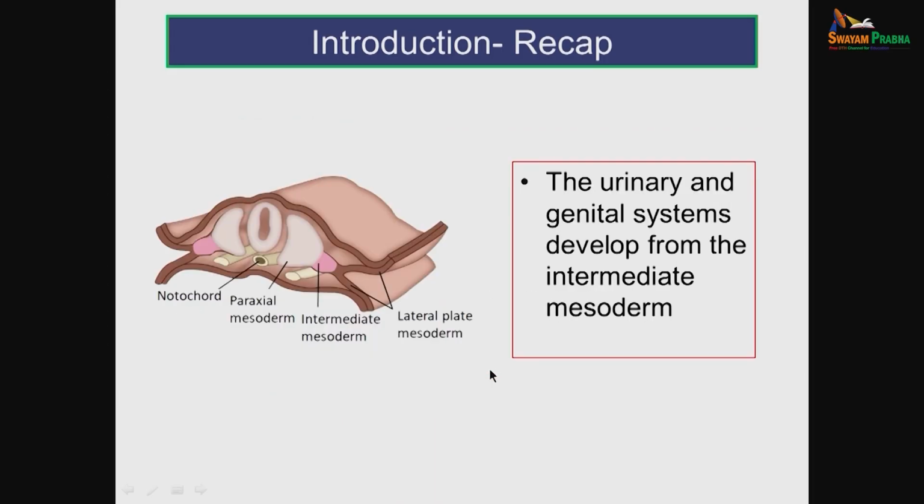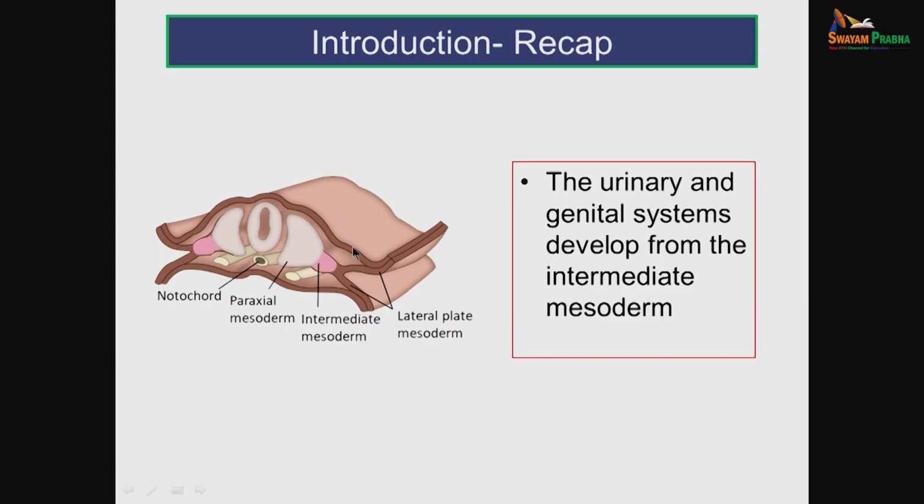We will also revise the relevant development of the embryo during the early weeks before folding of the embryo. If you look at this picture, this is the embryo in the form of a trilaminar germ disc, before folding. So, the embryo has 3 germ layers.